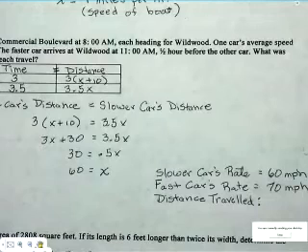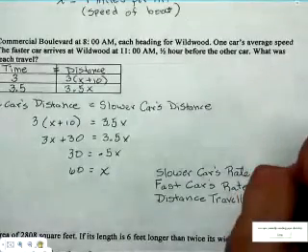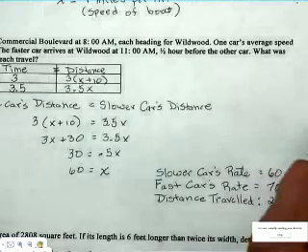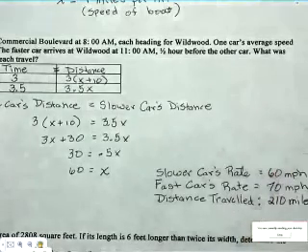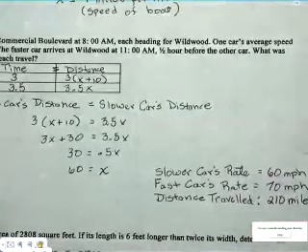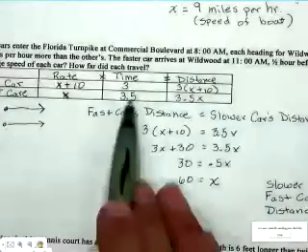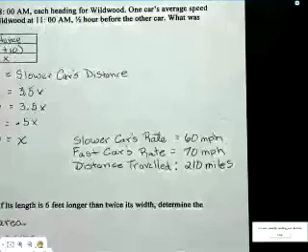Would you divide to find out how far you went? 70 miles an hour for 3 hours is 210 miles. And by the way, that should be the same thing you get if you say 60 miles an hour for 3.5 hours. It should also come out to be 210 miles.